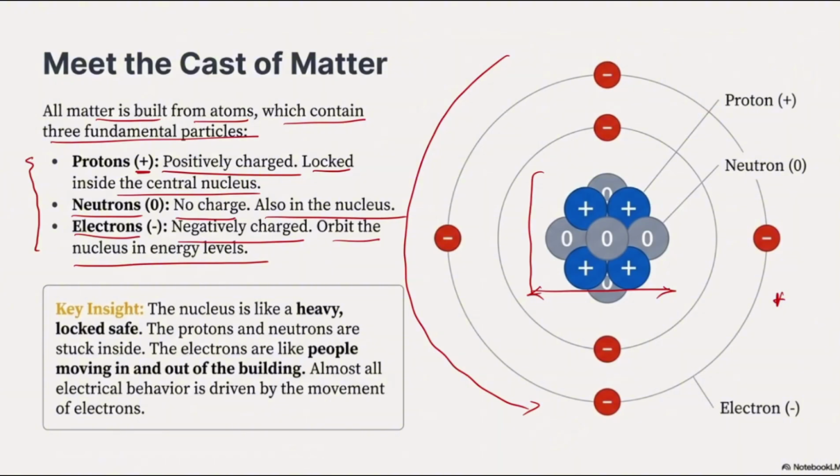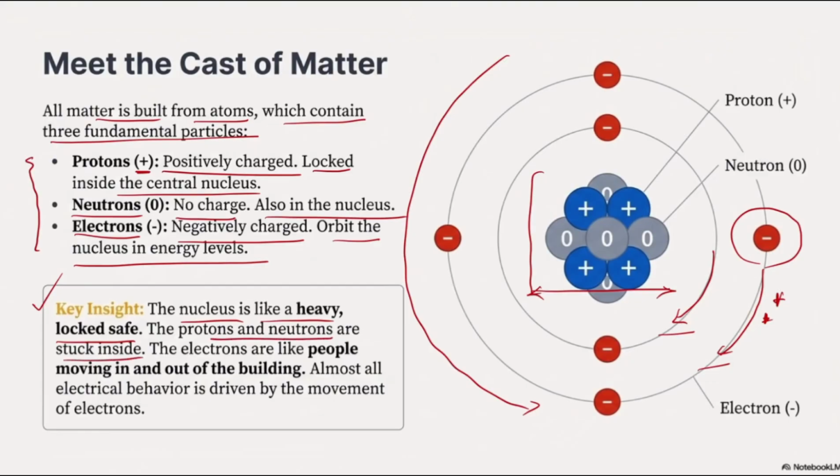As you can see, each one of those electrons moves through different layers. We are not going to talk in detail about the number of layers and what is happening inside them. The one layer that is actually important to me is the final layer. The key insight here is that the nucleus is like a heavy locked safe: protons and neutrons are inside it, stuck.